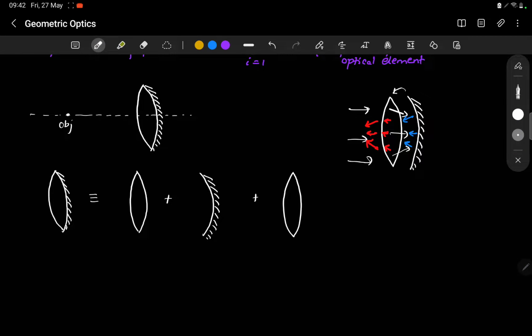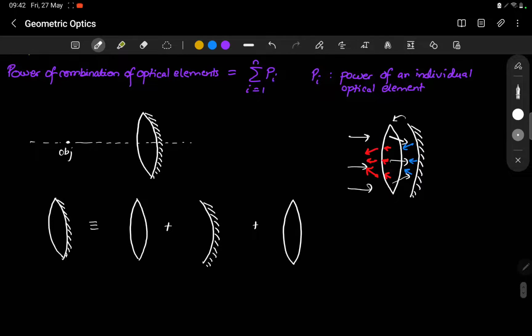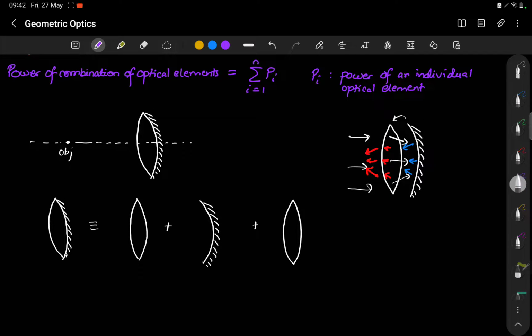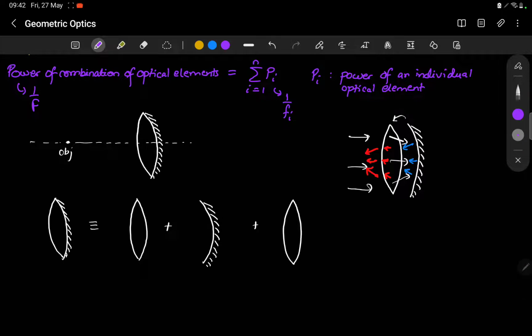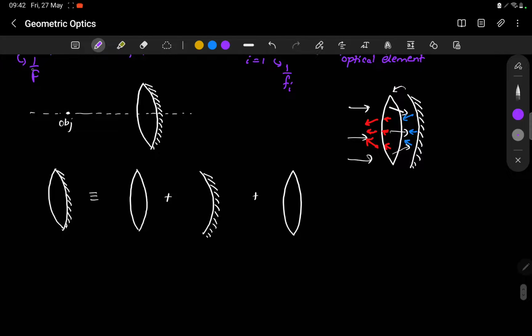So in this situation we would write power. Power is basically 1 over focal length. So power is defined as such, and Pi is nothing but 1 over focal length of the individual elements. This is focal length of the total.